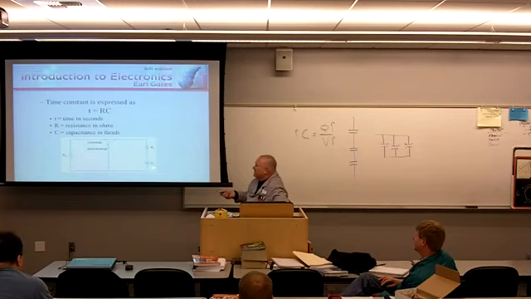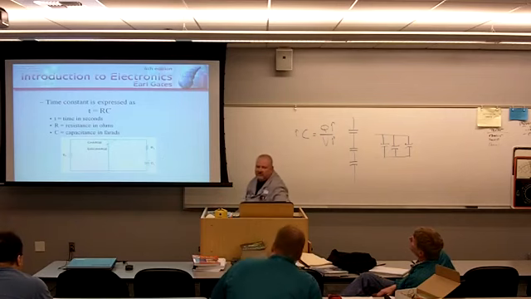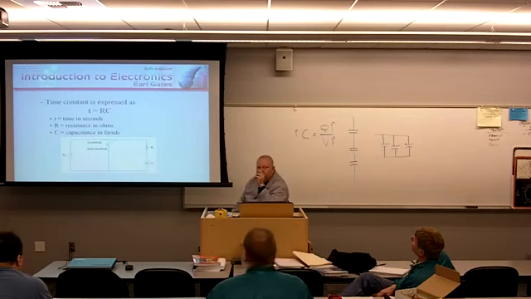When this capacitor is at 100%, what voltage is going to be across R1? When capacitor C1 is at 100% after the passage of 5 time constants, what voltage is going to be present across R1? 0.